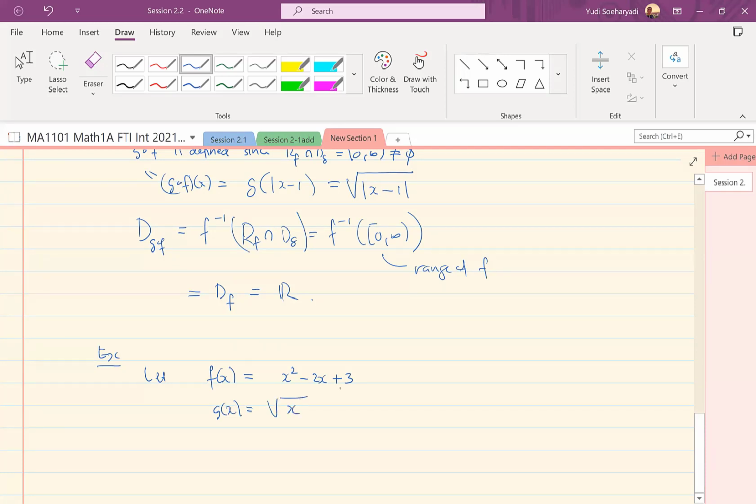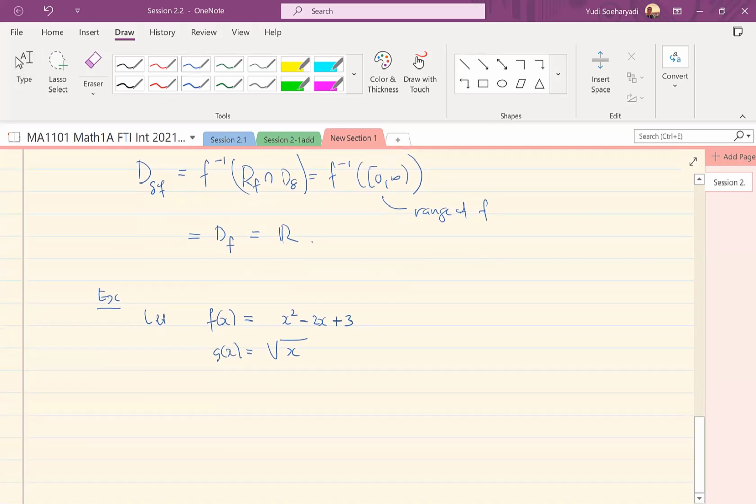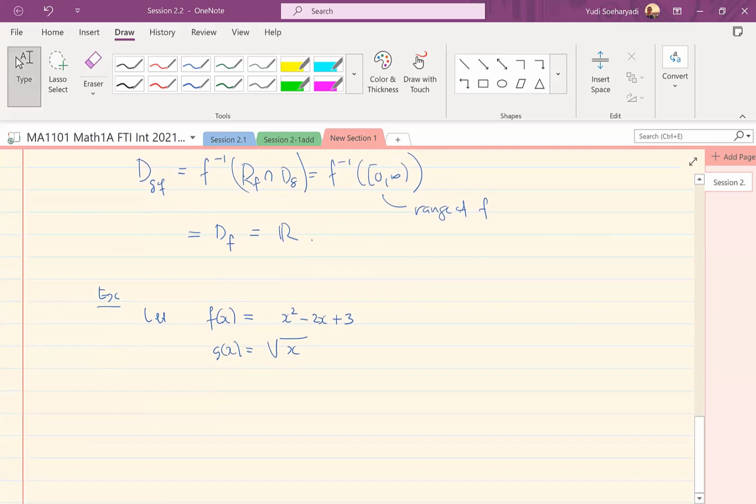Let's do something like this. Determine, find domain. Compute the G follows F. Okay. And its domain.